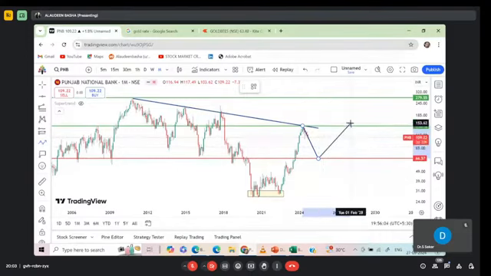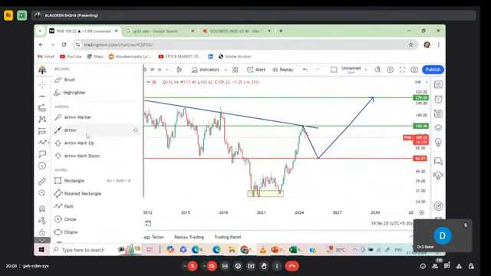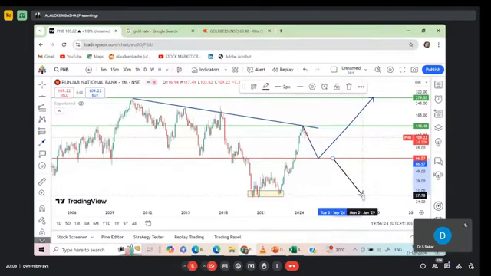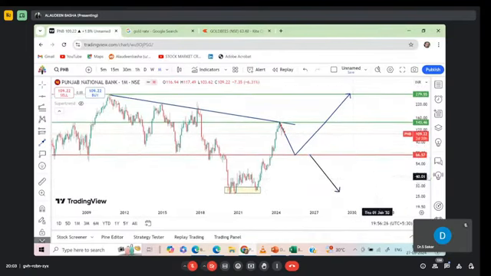Your first target is 144, second target is 280. This is your second choice of trade. Below 66, I don't recommend. Once it breaks 66 and comes again to the same price, because history repeats itself, the 30 rupees zone is a wonderful opportunity for long term.